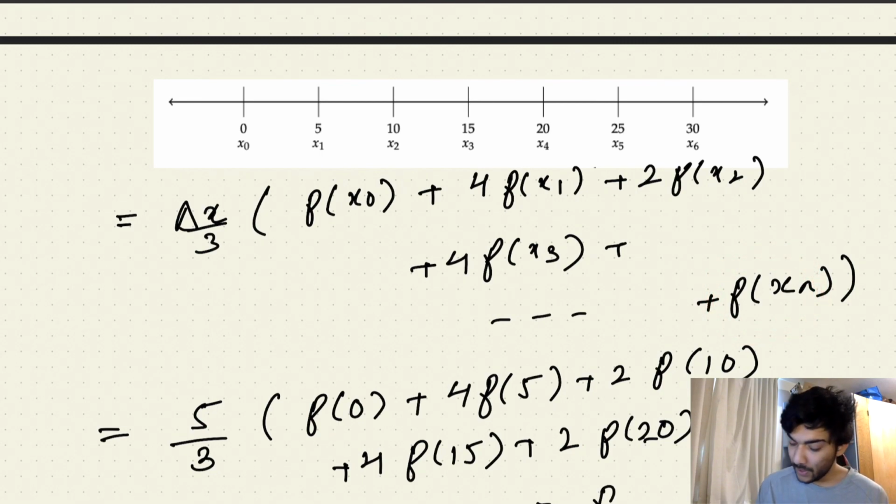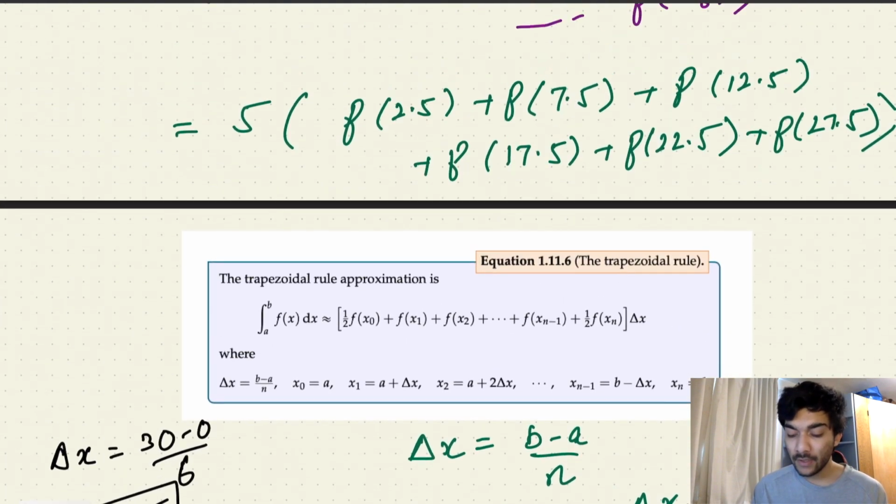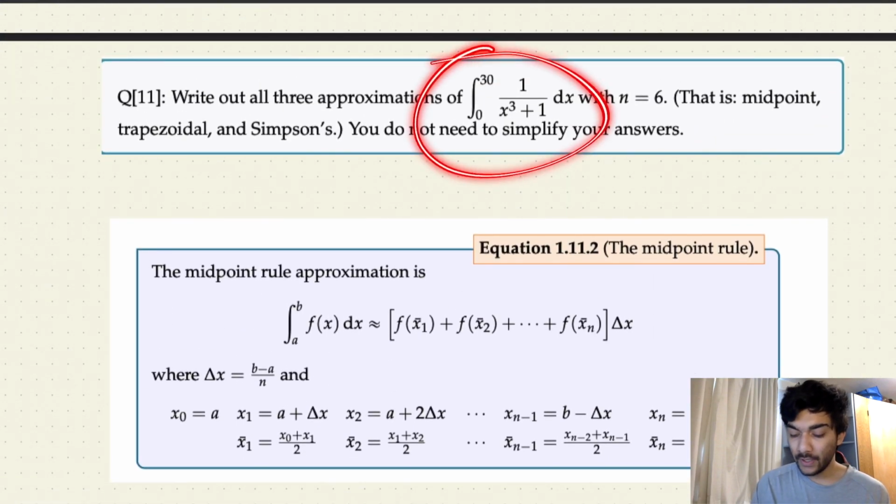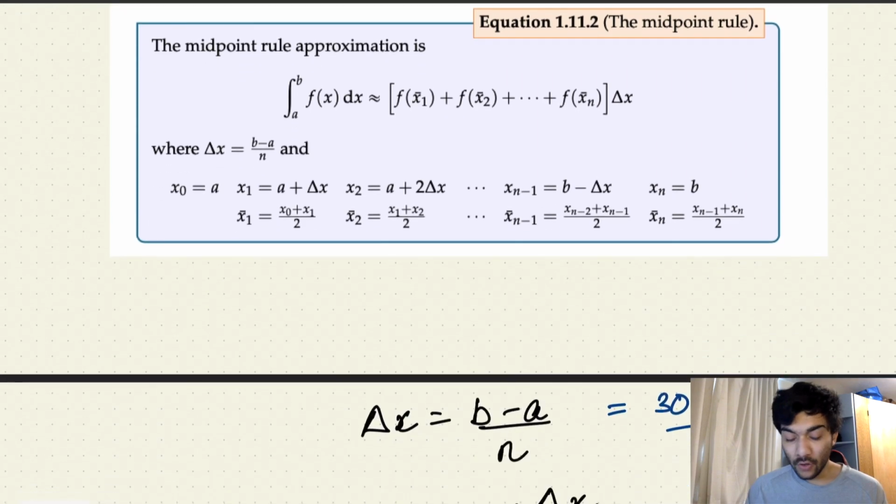So the last term would be plus f of 30 in this case. And then again, if you calculate the answer to this expression, you'll calculate the Simpson's rule approximation for this definite integral over here, right? So I hope that makes sense.